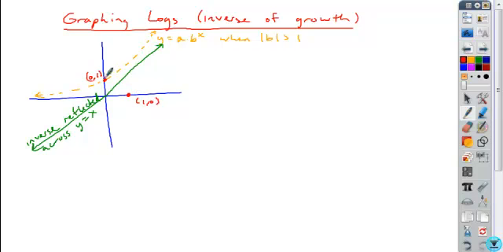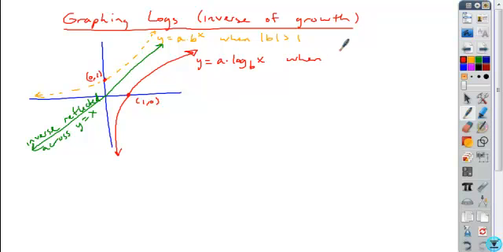And as you can see right here, this portion of the line, when we reflect it across this green line, y equals x, comes down and approaches the bottom here. And then this upper portion of the growth function is going to be reflected along that green path in this manner. Okay, so this red graph right here is the parent function that we're looking for, a times log base b of x.